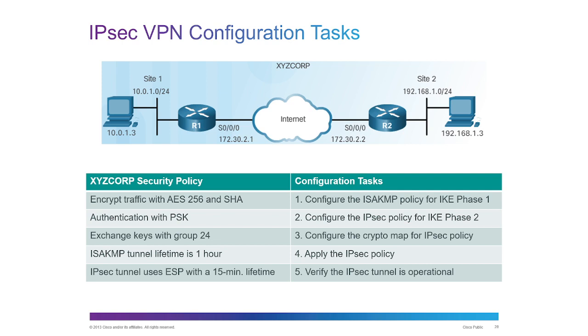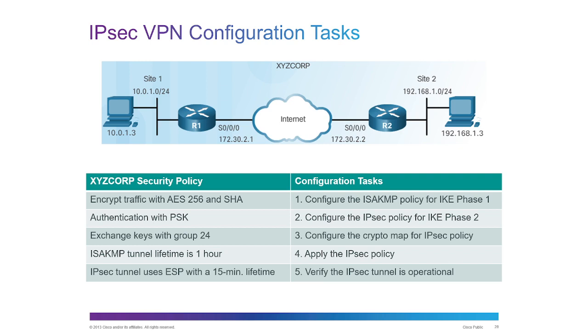So if we look at the specifics of configuring these things, we can look at a number of steps. Say, for example, when we look at the security policy of the organization, we will have certain things. Say the security policy will say for encryption, we will use AES 256 and we will use SHA for hashing. Then it will say for authentication, we will use PSK.